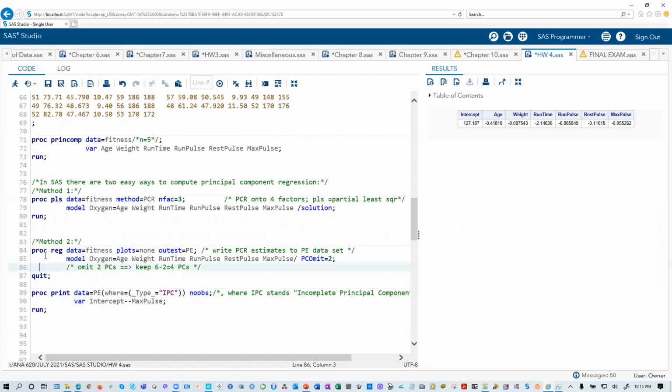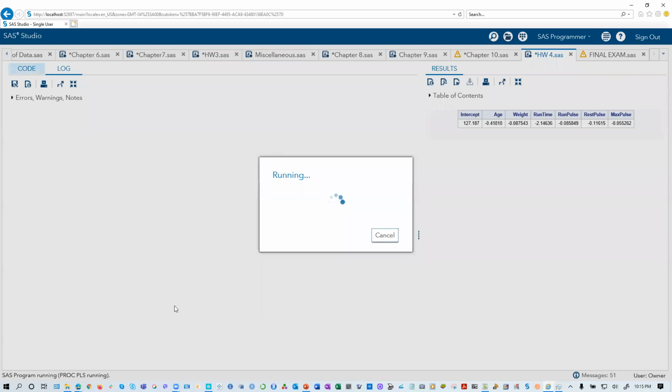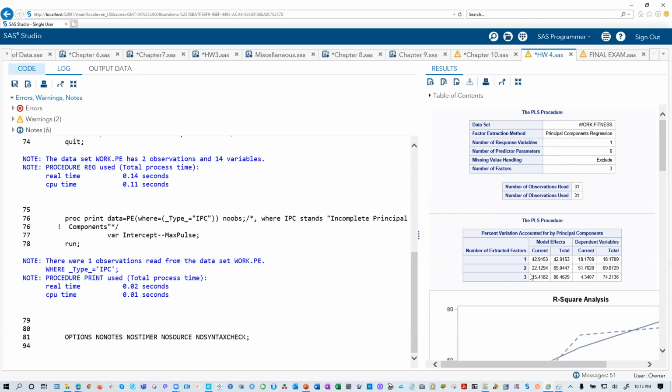I can pretty much run this, put all this together. This is not together. That's for the regression. Okay, that part they don't ask you to do, but I just added 3 extractors.